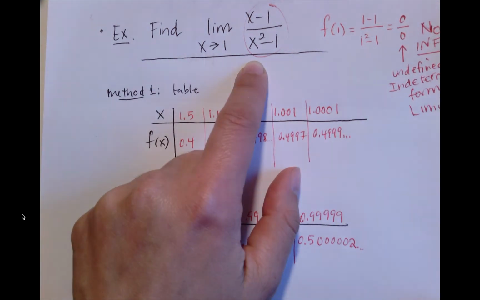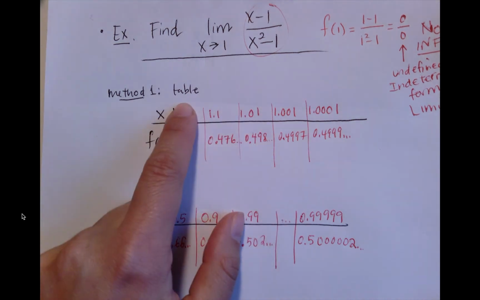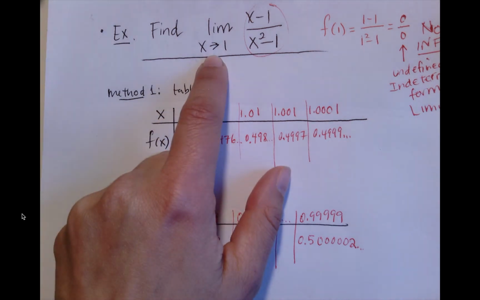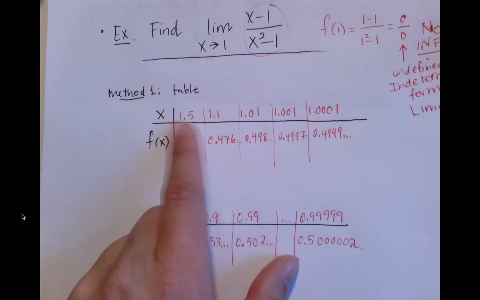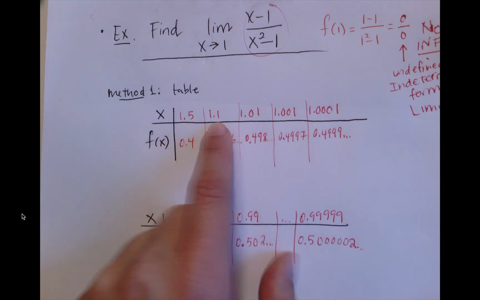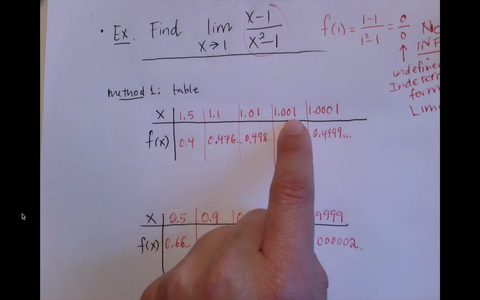So we move on. The first technique I'm going to use to try to evaluate this limit is a table of values. Now I'm trying to evaluate the limit as x approaches 1. So I'm going to start off by approaching from the right. I'm going to choose values of x that are to the right of 1. So we have 1.5, 1.1, 1.01, 1.001.